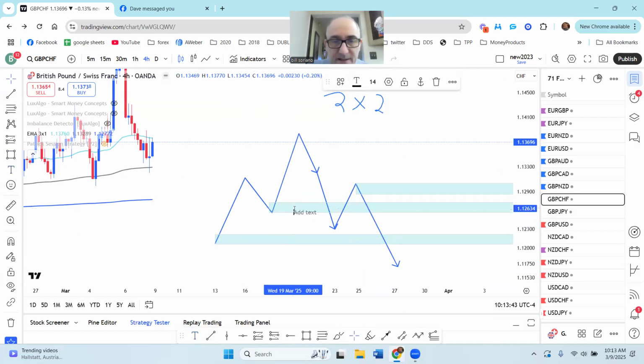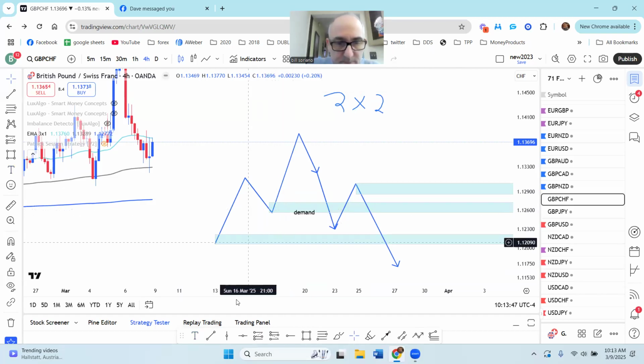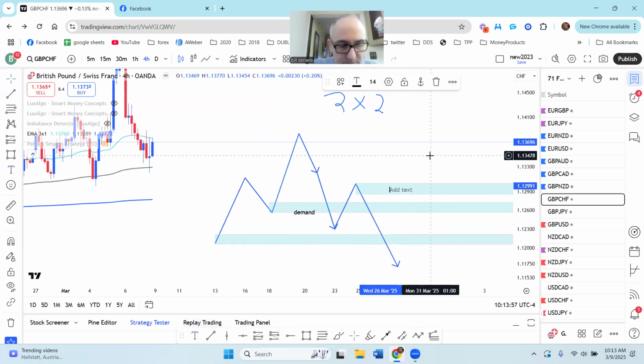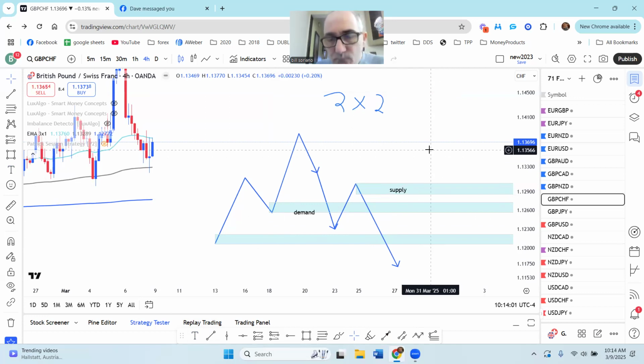Remember, this is a demand zone, so we know we're buying from that. Of course, this would be a supply zone because we would be selling from that, right? So that's kind of what that would look like.